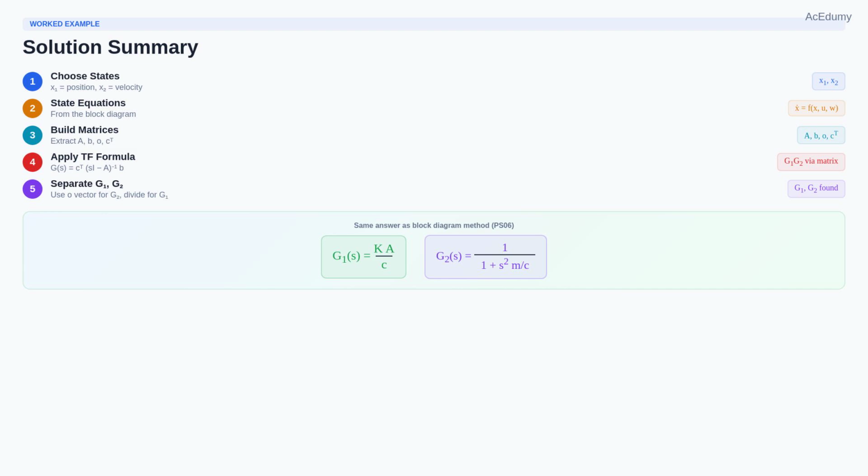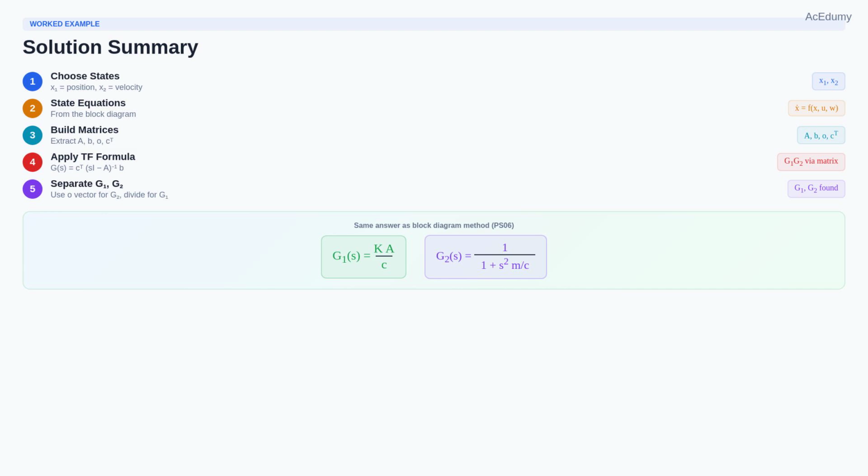We took the active suspension system, the same one we modeled in our first worked example and simplified in our previous worked example. This time we used state space. Step 1. We chose the integrator outputs as states, position and velocity. Step 2. We wrote the state equations from the block diagram. Step 3.